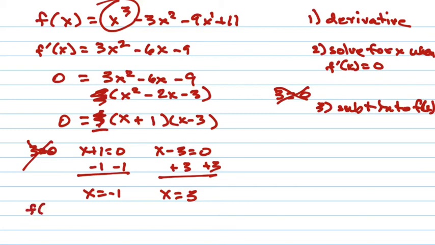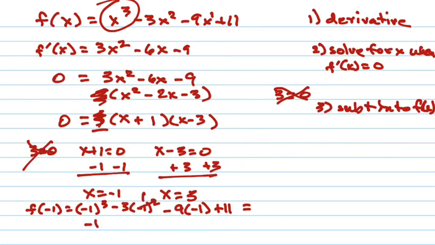So f of negative 1 equals negative 1 cubed minus 3 times negative 1 squared minus 9 times negative 1 plus 11. Okay? Think we can do that all on one line? Don't know. Negative 1 cubed, negative 1 times negative 1 times negative 1 is still negative 1.